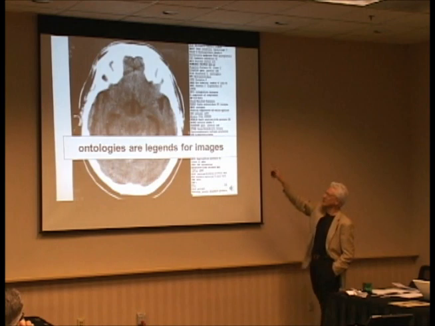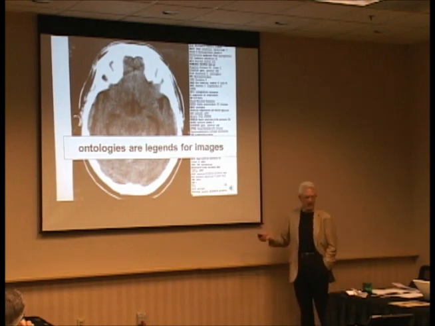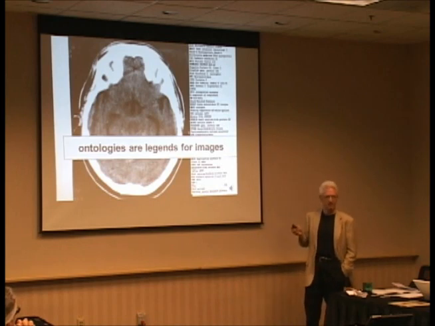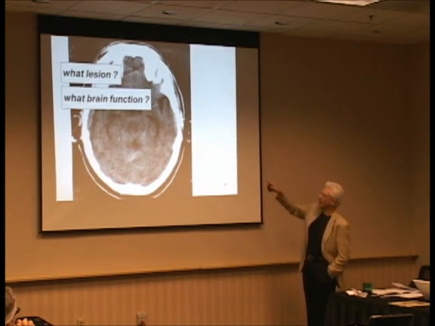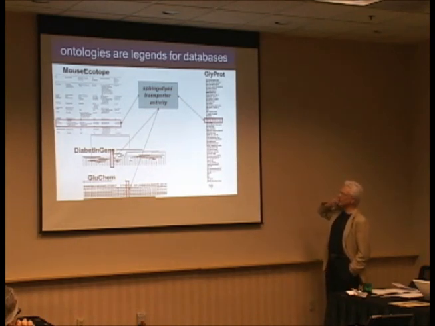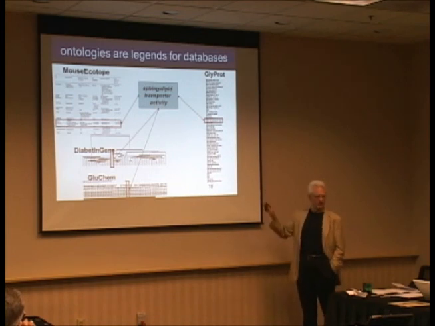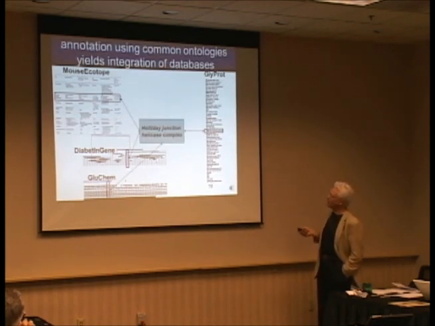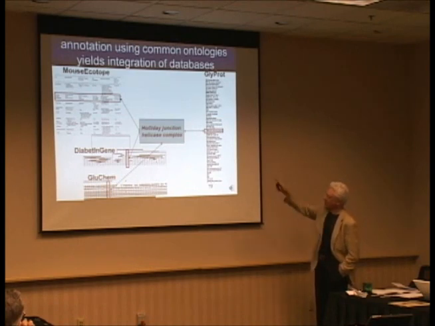And you can use ontologies also to annotate or tag or label images. And then you have questions like this. Now, the gene ontology, I described it as a switchboard. You imagine all of the databases which have been tagged using gene ontology terms, and they all become connected.